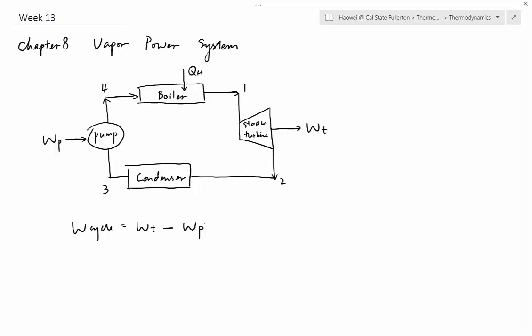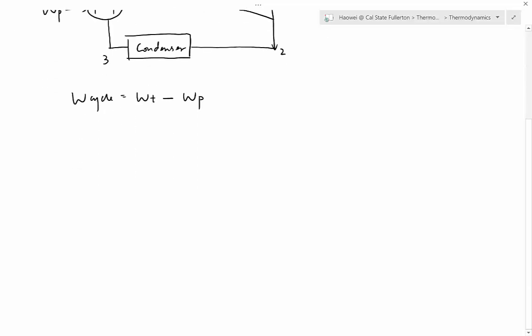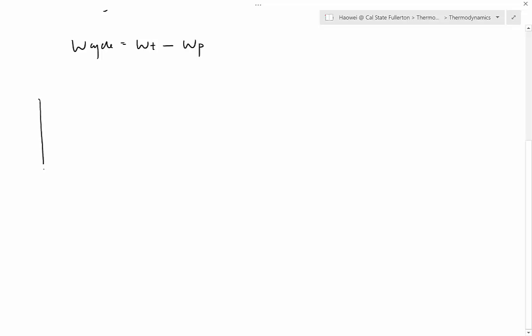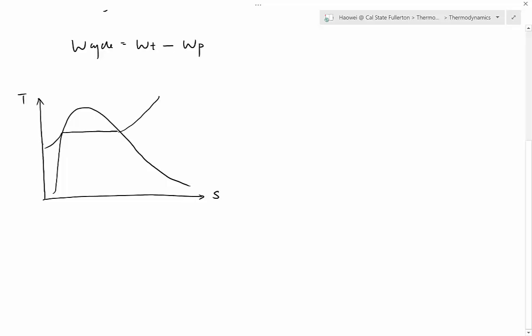And next, we're gonna sketch the process on a T versus S diagram. Same as before, we sketch a vapor dome and then two constant pressure lines. Okay, and 4 to 1, same as before. Number 4 will be F point and number 1 will be G point.